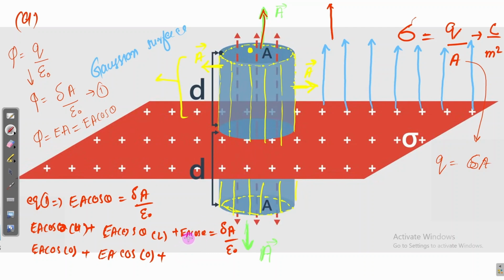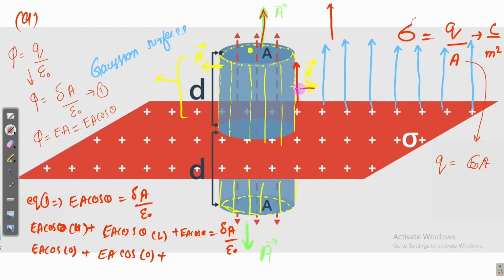the flux through the surface of this Gaussian surface in the form of a cylinder. If I consider the right side of this cylinder, the direction of that area is perpendicular to the surface, from left to right, and the direction of the electric field line is from the positive charges toward upward.